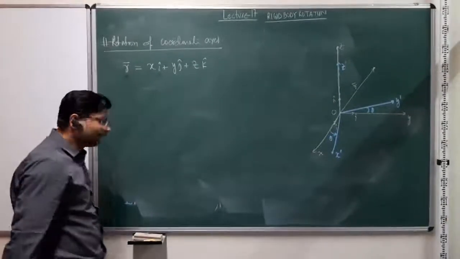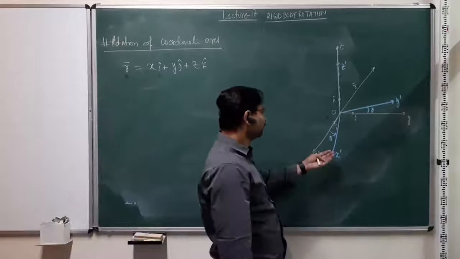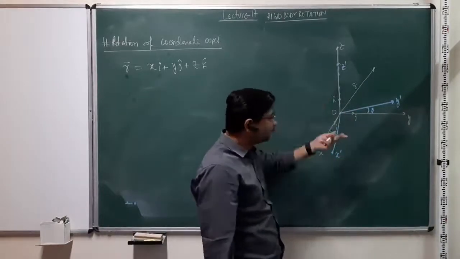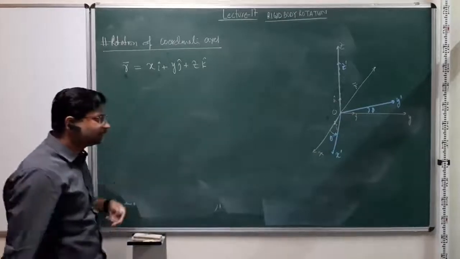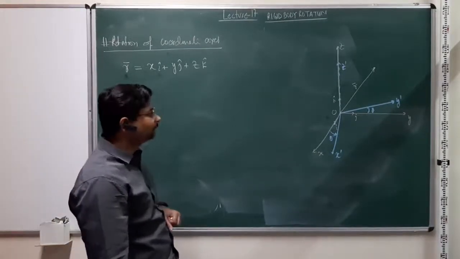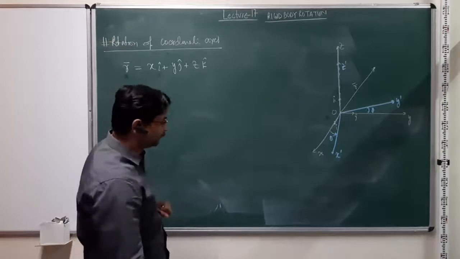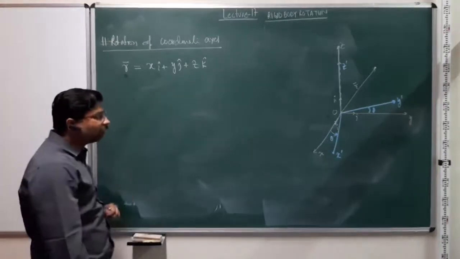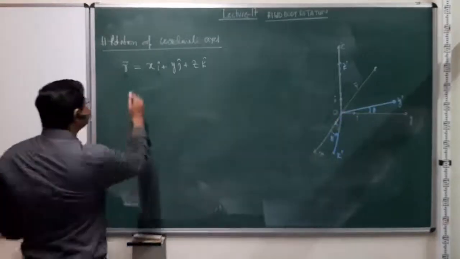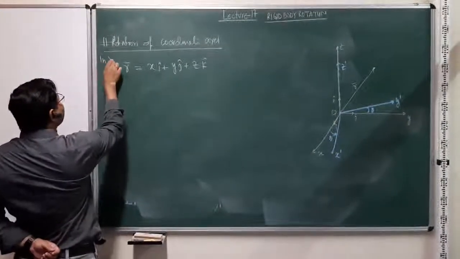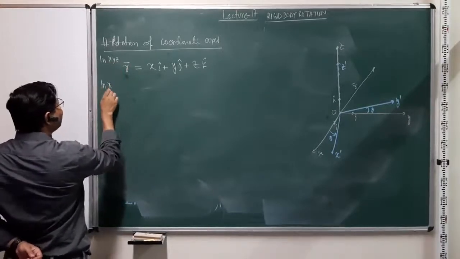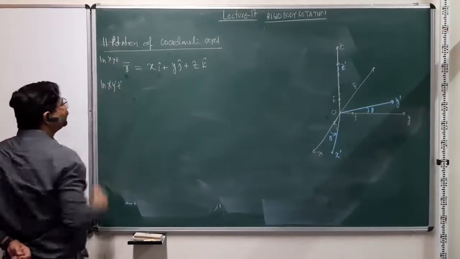Of course, we can have a generalized rotation where the angle it subtends to different planes is, let's say, theta 1, theta 2, theta 3, and it doesn't matter. The result that we will obtain will be general enough to consider any rotation. So if this is now my new coordinate frame, I want to represent the same vector here. This was in x, y, z, and now let us write it down in x prime, y prime, and z prime.